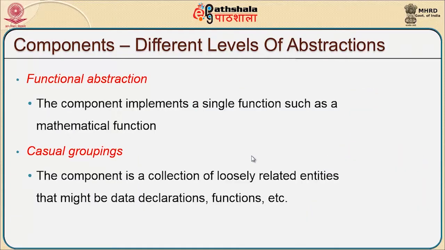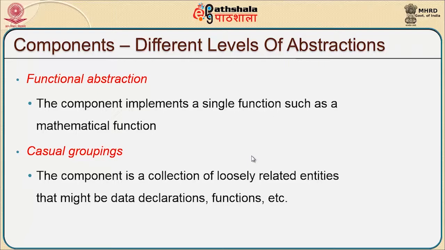These components, as I have already told you, are at a higher level of abstraction and help in architectural design. There are different levels of abstraction, starting from functional abstraction, where the components implement a single function such as a mathematical function, or it can even be a casual grouping.